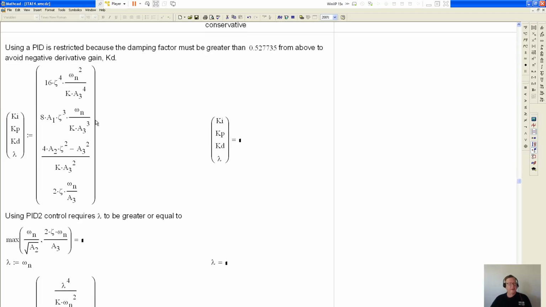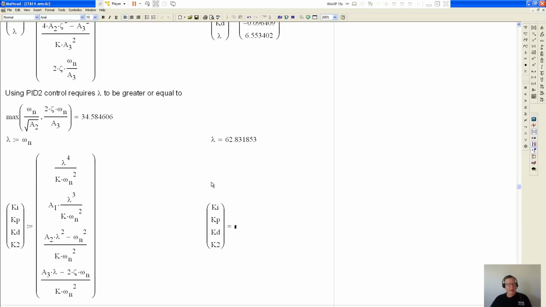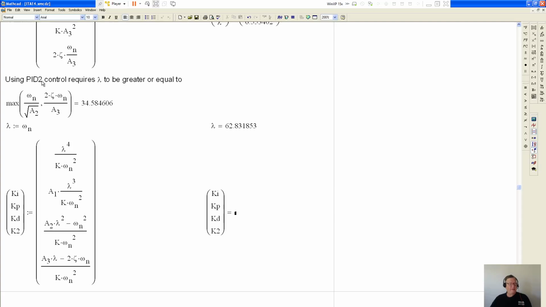So using the PID, these are the gains I get. Because I used a damping factor of 0.1, you can see the derivative gain is negative, so that's not really usable. And then for the example with the PID with a second derivative gain, you can see that lambda has to be greater than 34.58 radians per second.